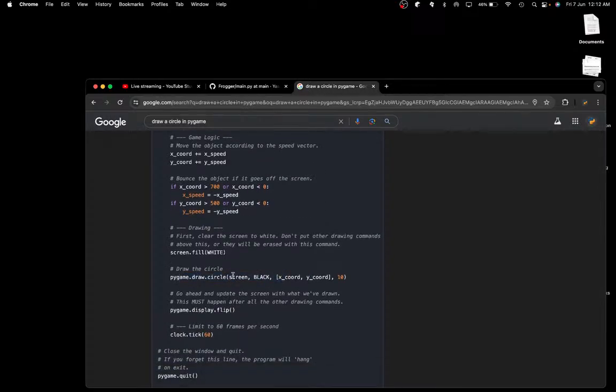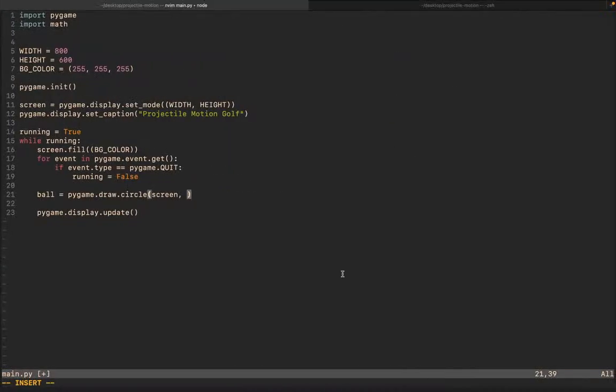Alright, so it's the surface that you draw it on. Then it's the color, and then it's the x and y coordinates, and the radius of the circle. I'm not sure if it's radius or diameter. I guess it's just radius.